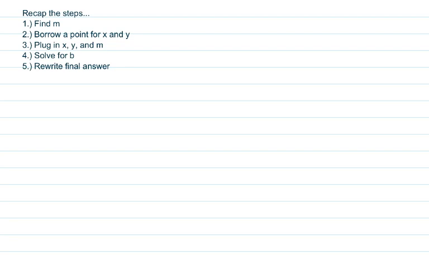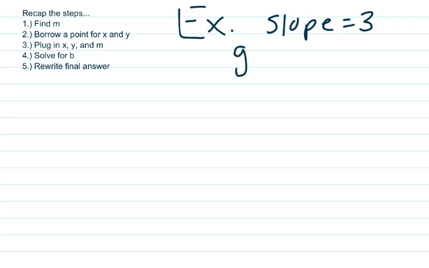So for this second example, this is actually an easier version. We are going to have a slope of 3 and our line goes through the point 1, 5.